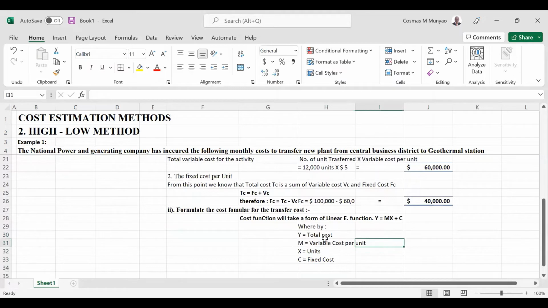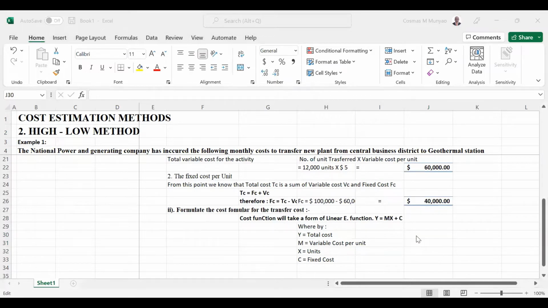So in this one, what will be the function? The function will be very easy to form.